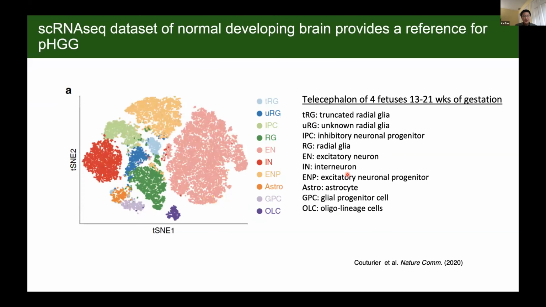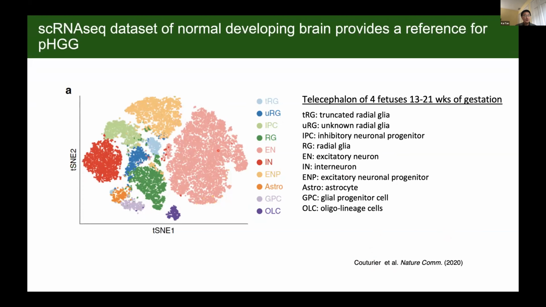So as I mentioned, pediatric high-grade glioma has a very strong developmental component for these cells. So we reasoned this might not be fully captured in the previous Neftel state model. Fortunately, there is a new publication from 2020 from Couturier et al.